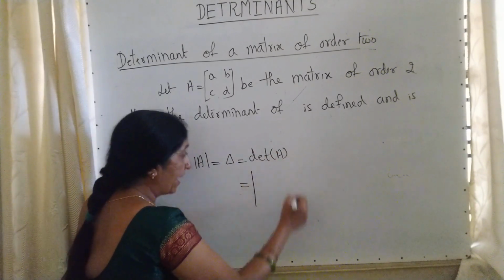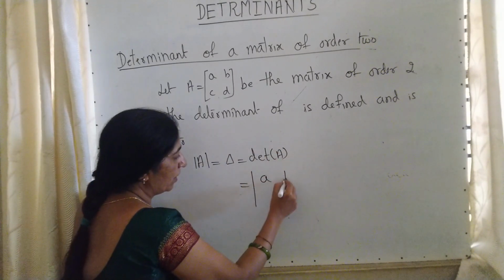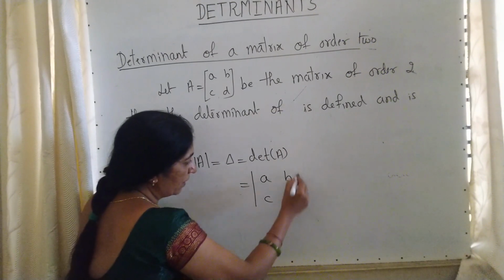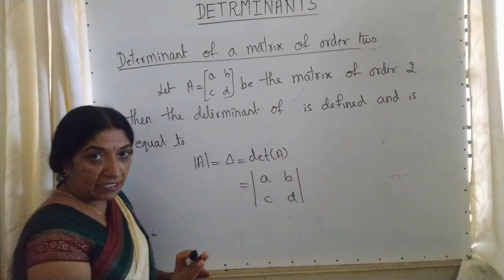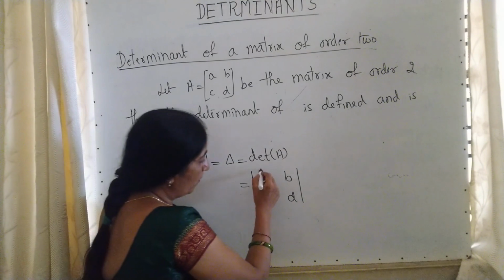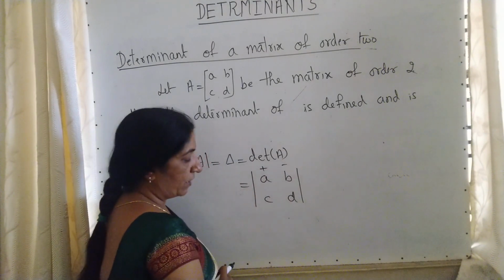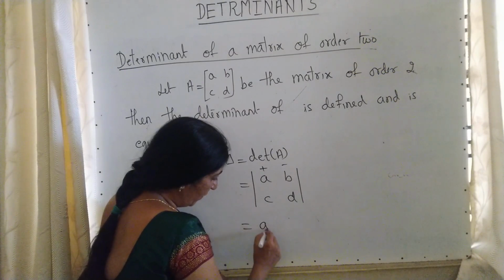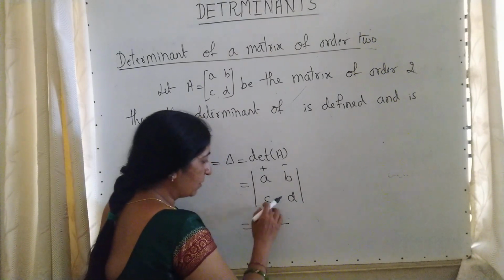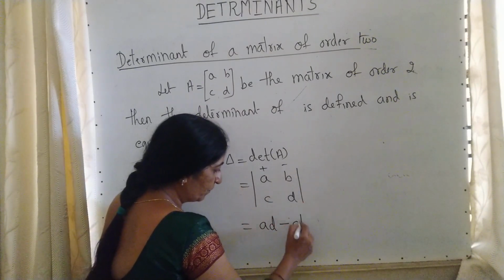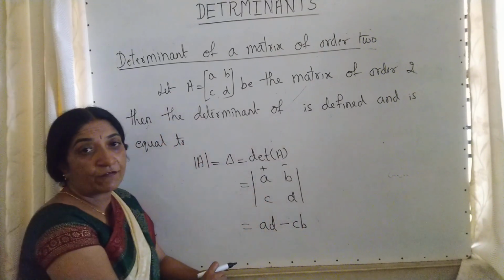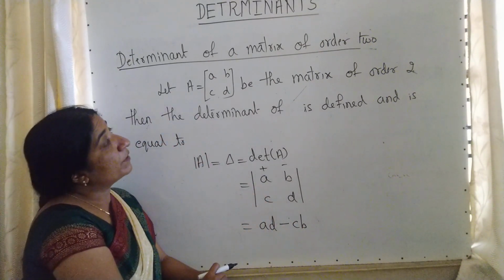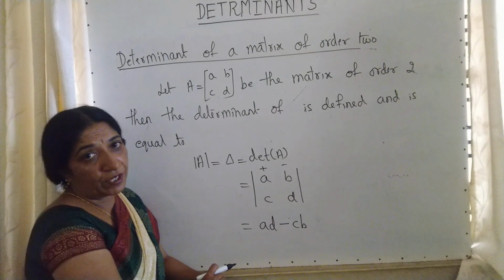In two parallel lines, write down those values a, b, c, d, and take a pencil. By the pencil on the top, write down plus and minus. First from left top to right bottom we have to multiply. Middle minus, multiply these two. So this is how we are defining the determinant of matrix of order 2.